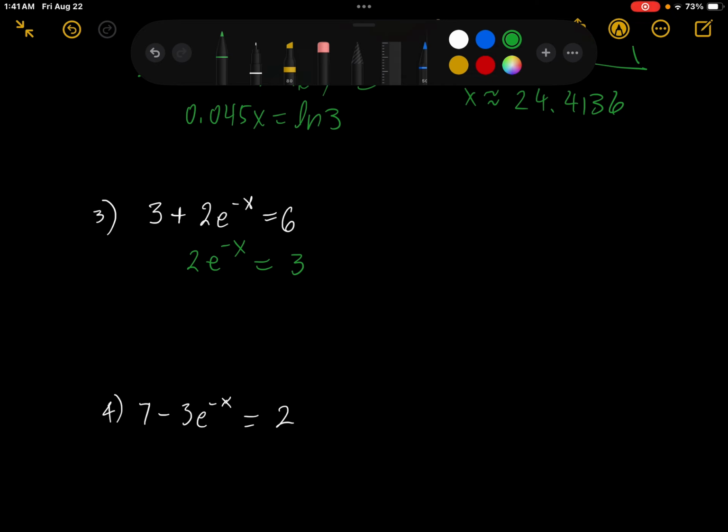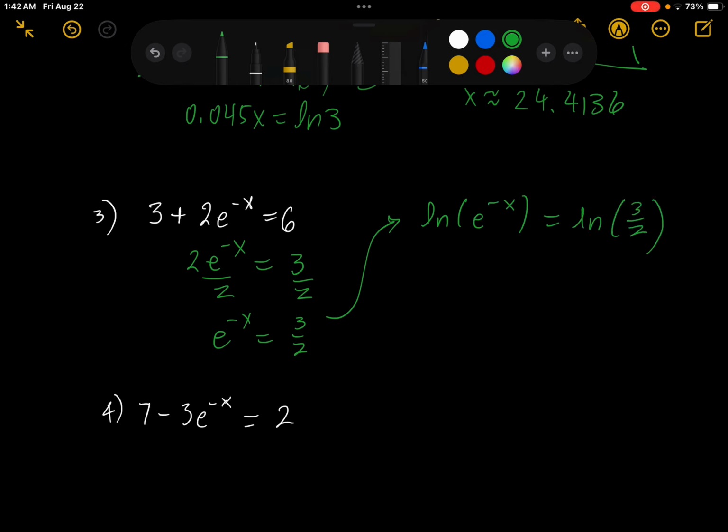What's the next step? Divide both sides by 2. So if you divide both sides by 2, you get e to the negative x is 3 over 2. Okay, what's the next step? Take the natural log of both sides. The natural log of e to the minus x is the natural log of 3 over 2. How does the left side simplify?